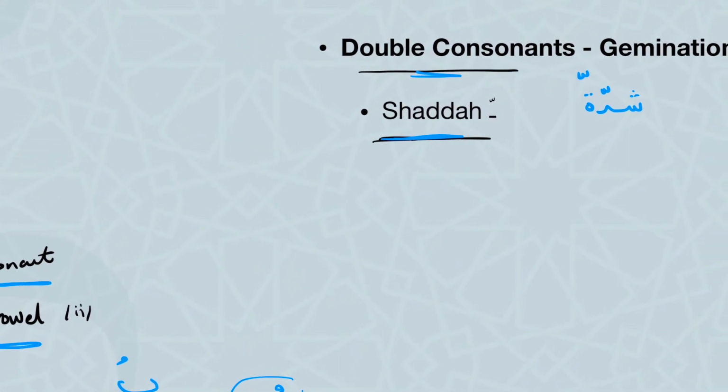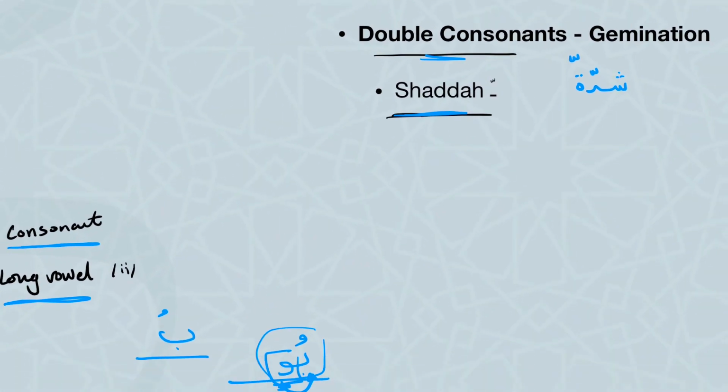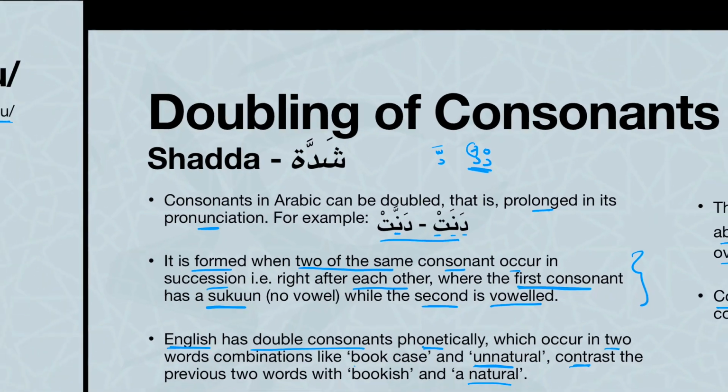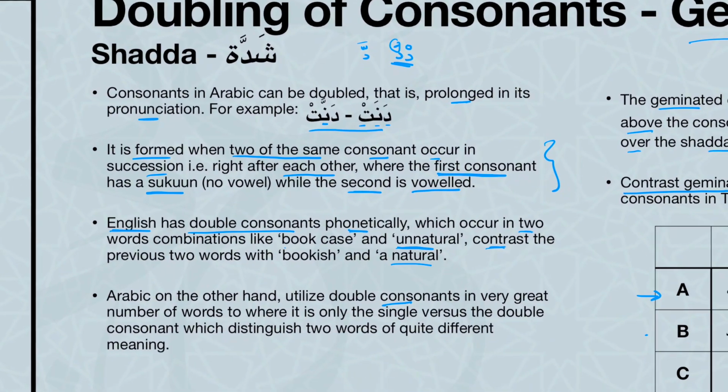To refresh our memory on this concept, we can hear it in English. In this example here, if we go to the oops, it's a dhamma, but I'm going for the shadda. Sorry. So shadda, we can see it in this part here: English has double consonants phonetically, and we say them while we are unaware of their existence, which occur in two word combinations.